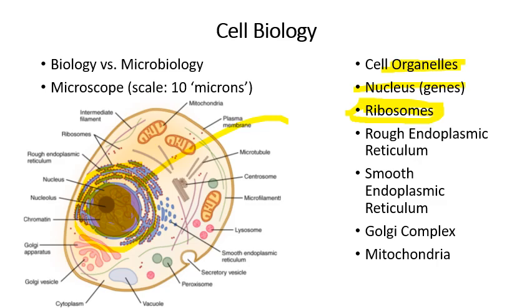There's another type of organelle here called the rough endoplasmic reticulum. The rough endoplasmic reticulum contains a bunch of ribosomes, and the purpose of the rough endoplasmic reticulum is to build proteins that are meant for export. They're meant to be exported outside of the cell. The Golgi complex is another organelle. This is a diagram of the Golgi complex over here.